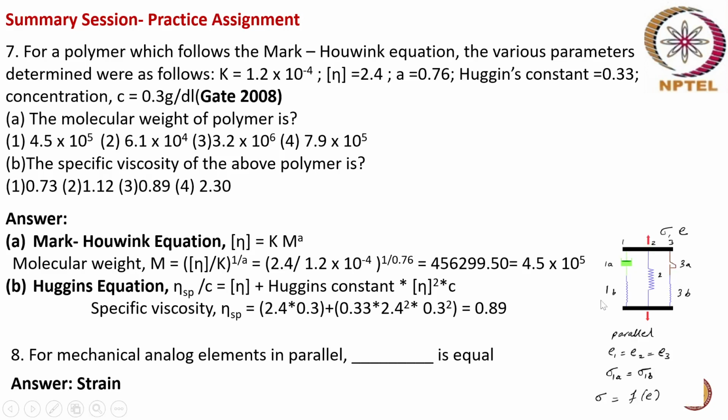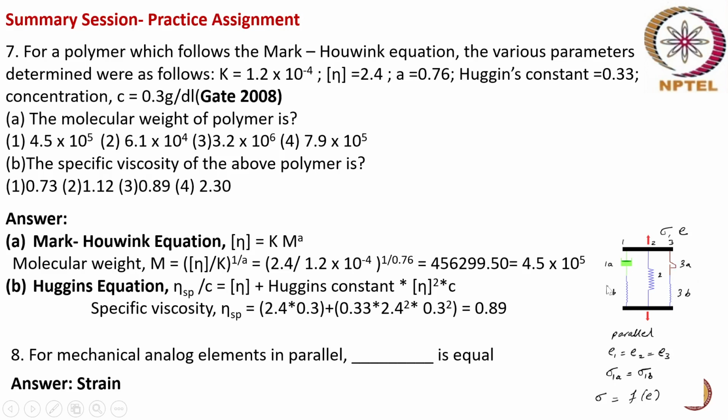So you can see here a system where different mechanical analogs are arranged in parallel. For example, here you have a dashpot and spring arranged in parallel to another spring, which is arranged in parallel to a plastic element and one more spring.